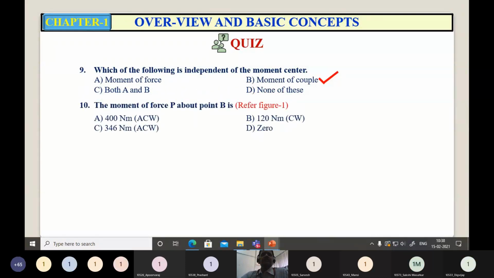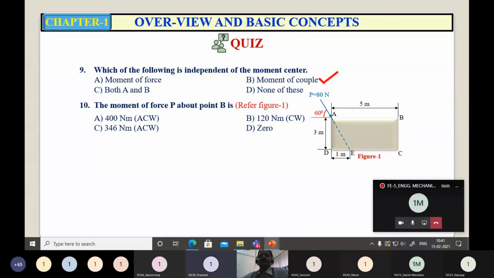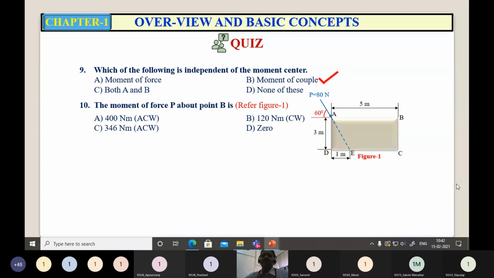The moment of force P about point B. Please refer to this figure. Option C. So here there are 2 ways of finding the moment. We know that the moment is the product of force and the perpendicular distance from the line of action of the force to the point about which moment is to be taken.